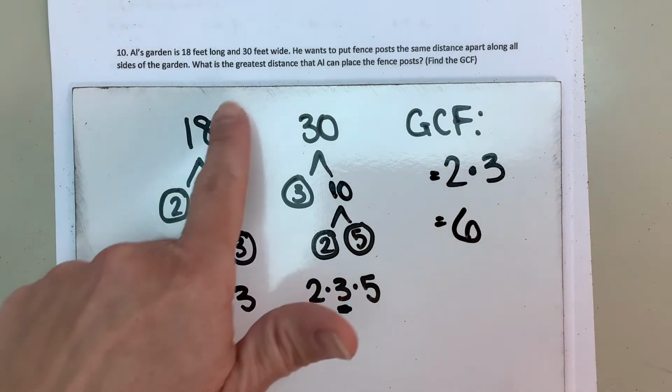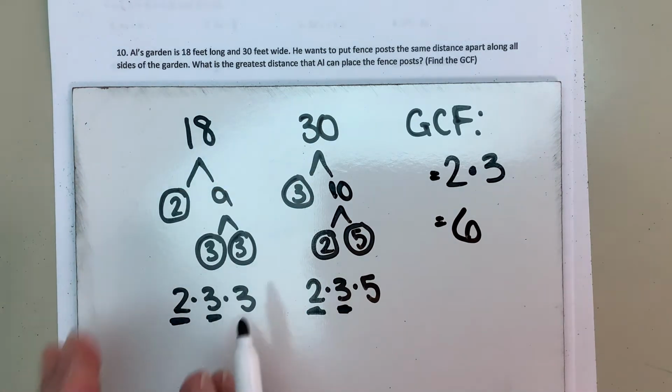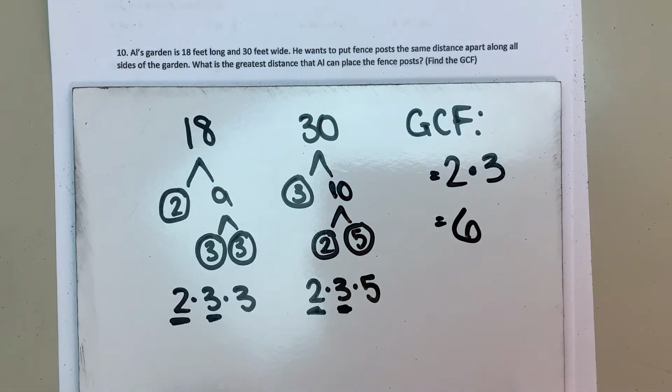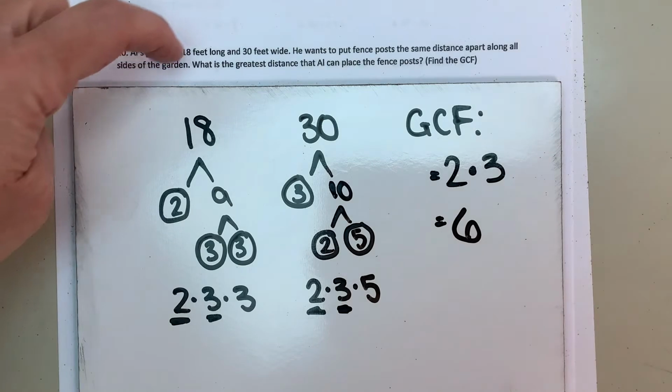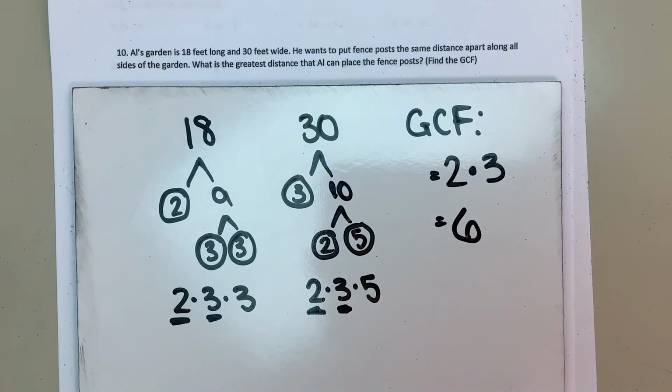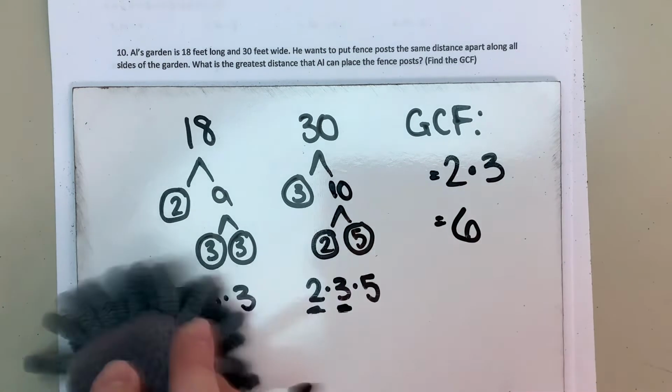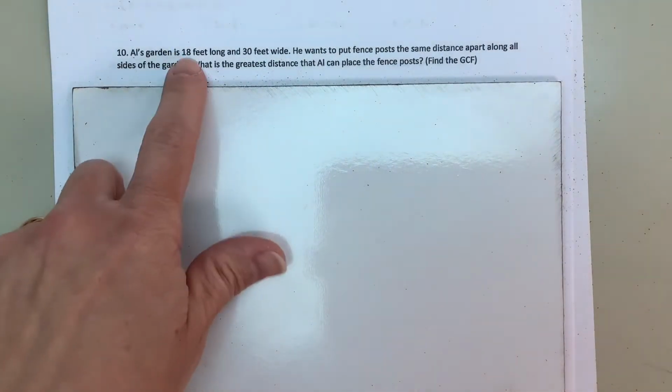So the distance is going to be spaced 6 feet apart all the way around, and that way we will be able to use the 18 feet and the 30 feet, and we'll be able to cover all the way around this garden. So greatest common factor, the numbers are always set. You're not buying anymore, and you have to have an equal distance.